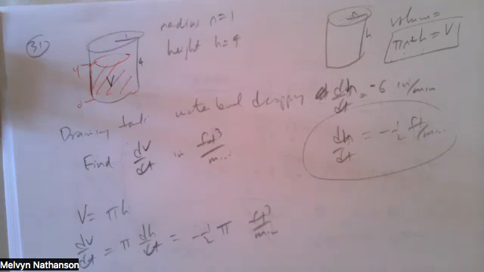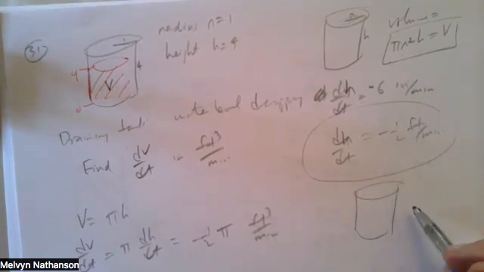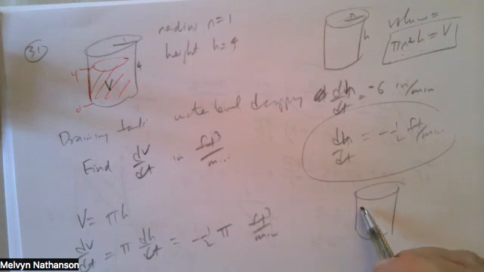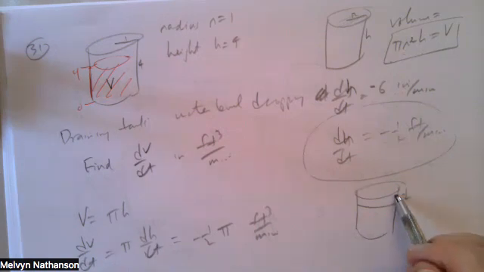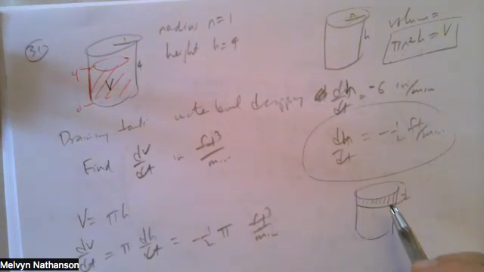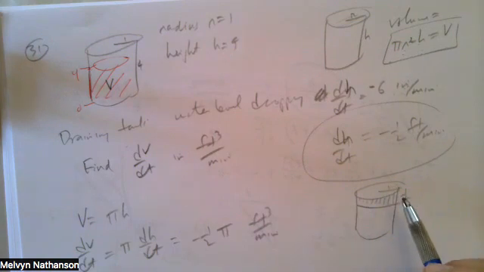If we want to try to understand this perhaps a little bit better, here we have our tank. And in 1 minute, the height of the water drops a half a foot. So the amount of water that drained out in a minute is the volume of a right circular cylinder whose height is a half and whose radius is 1.